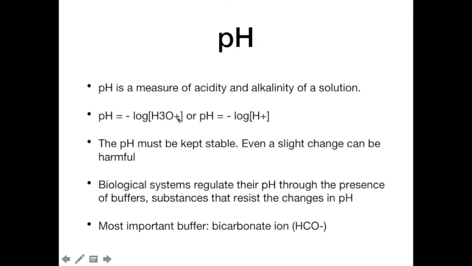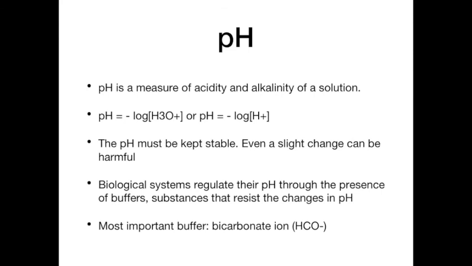Now, generally, the pH must be kept stable. This is really, really important. Even a slight change in the pH can be harmful. This is why we need substances that do not allow the change in pH.